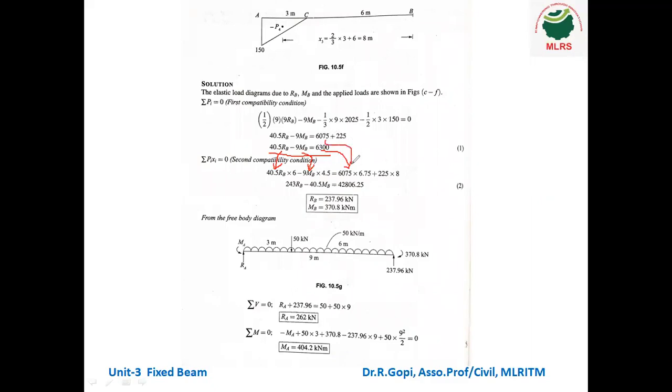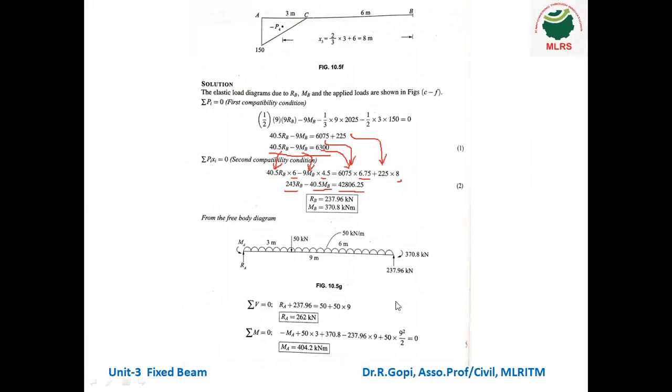So 60.75 this one, and 225 this one. Okay. So multiply by the corresponding centroid. The centroid we already calculated in the diagram. So therefore 243 RB minus 40.5 MB and 42806.25. This is the equation number 2.